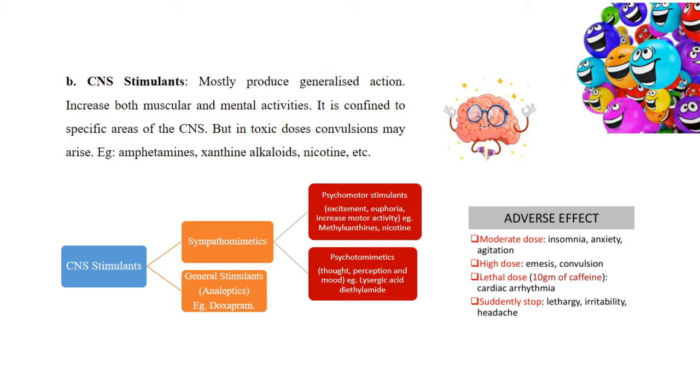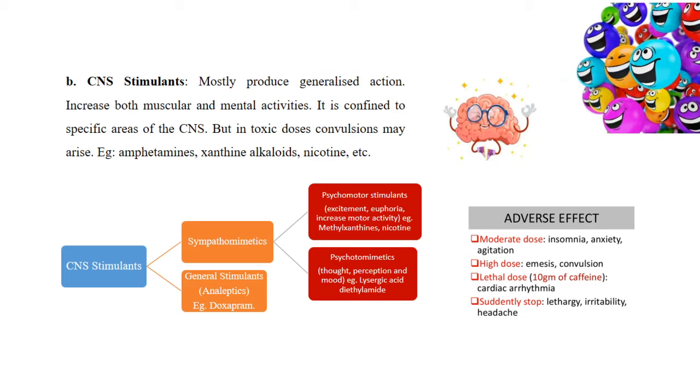So overall, the CNS stimulants enhance or increase the function of our brain. Mostly they will be non-selective in nature, that is, they will be affecting the central nervous system as a whole. They may act on a particular receptor, but they will control the CNS as a whole. Here, two types: sympathomimetics, that is mimicking the sympathetic nervous system. Next one is general stimulants.